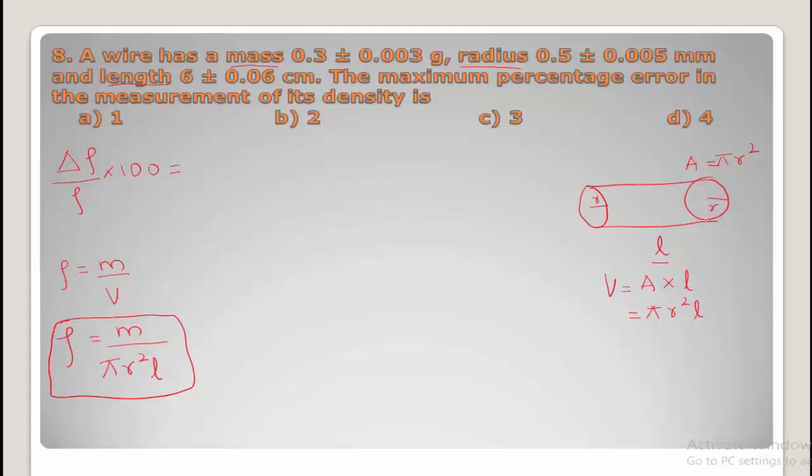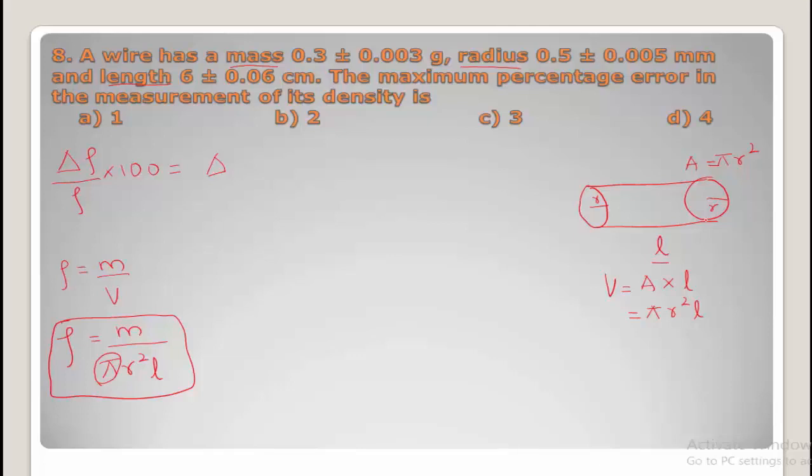Now write the formula for percentage error. It is the ratio of mass and pi r square L. Here pi is the constant, so we are going to neglect it. So what will be the formula for percentage error in density?